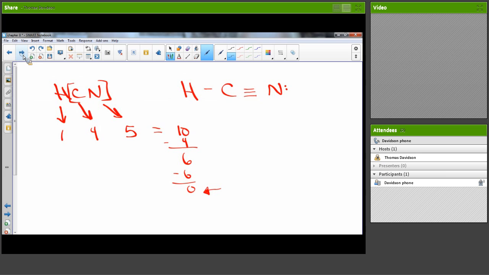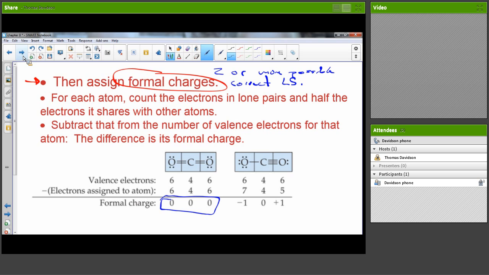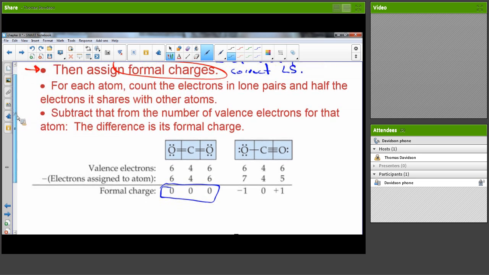And it's this concept right here. All right, and it's really the next step. We did our bonds, then we need to assign formal charges. And this is saying the formal charges you only have to do when there's two or more possible correct Lewis structures. And hopefully this makes sense.